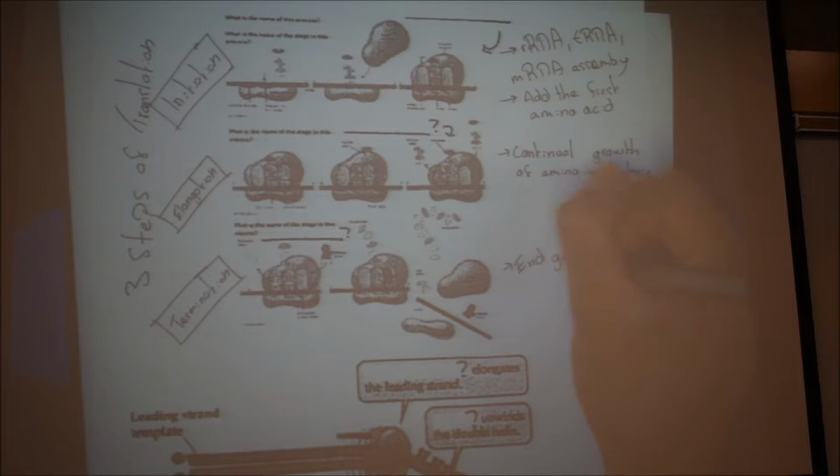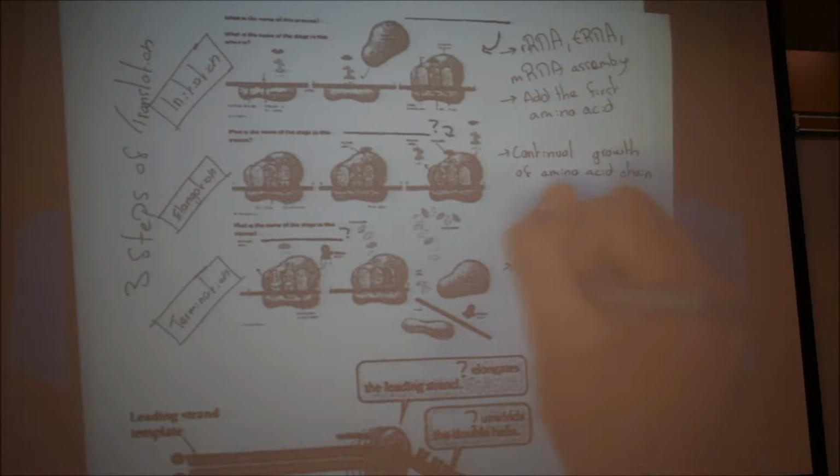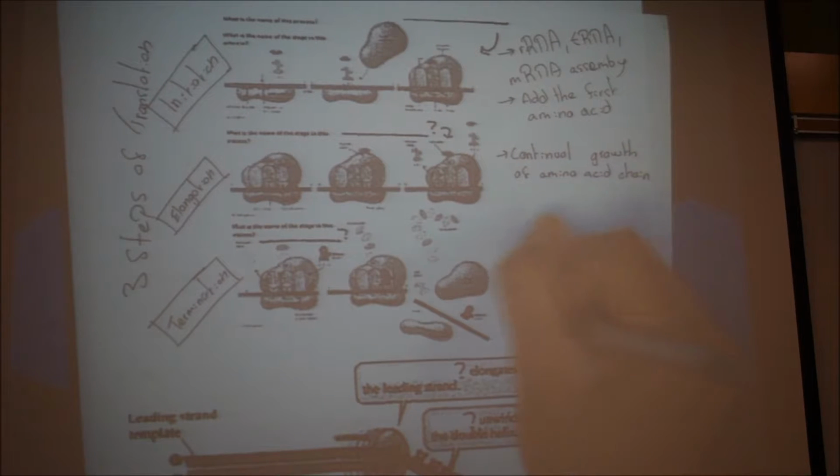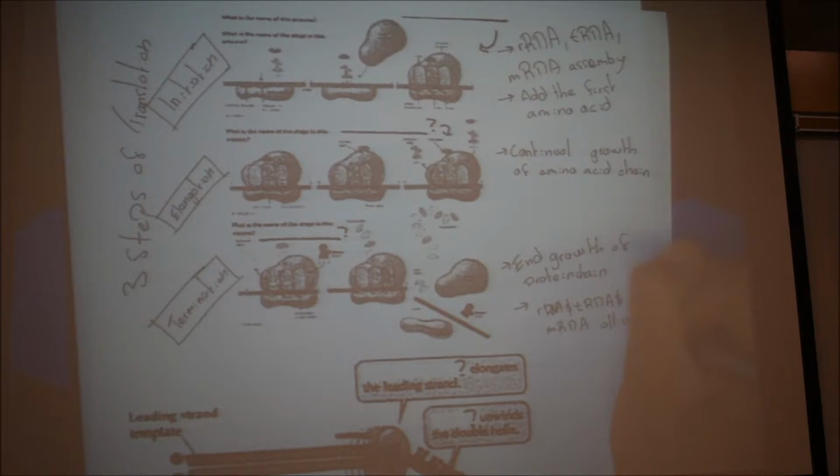So in this last step, we end the growth of protein chain and the rRNA and tRNA and mRNA all separate. So they disassemble, right?